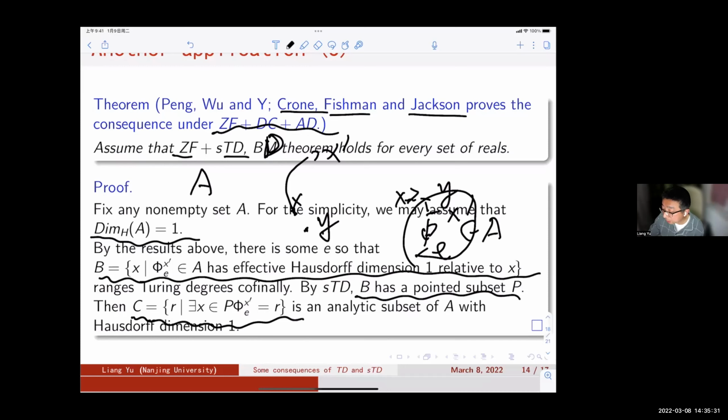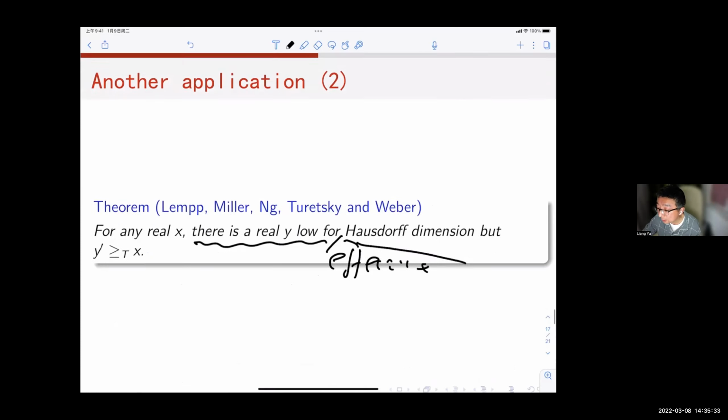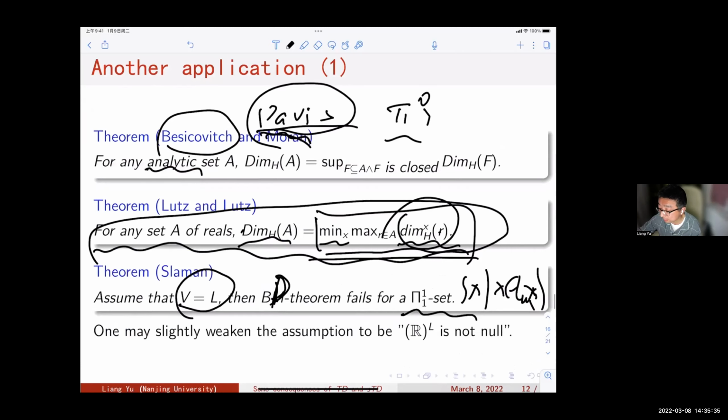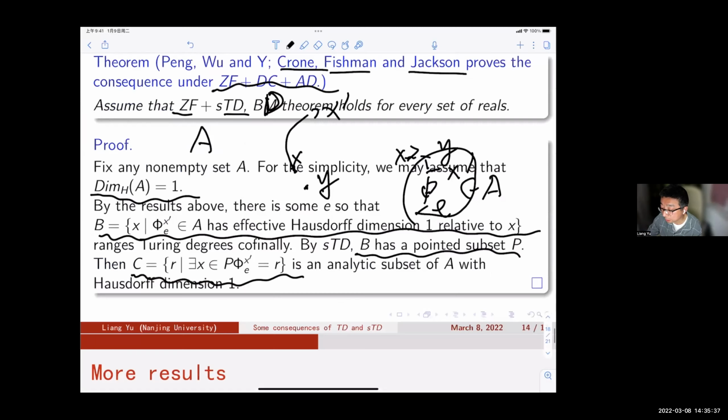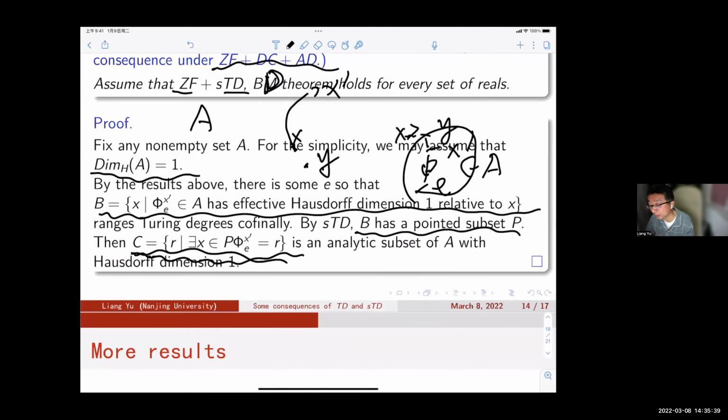Why? Because by Lutz's result, since this P ranges over Turing degrees cofinally, it has Hausdorff dimension 1. So we find an analytic subset of A that has Hausdorff dimension 1.